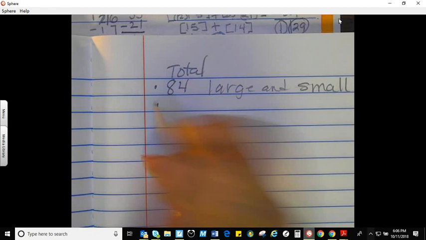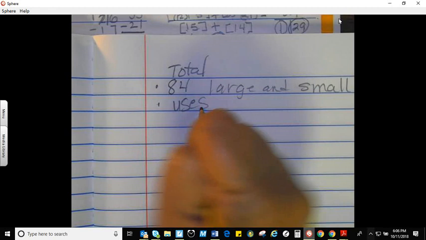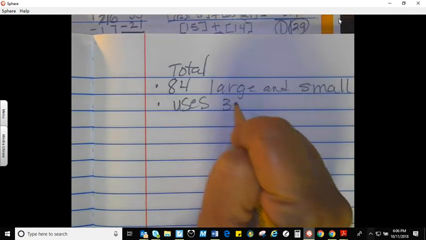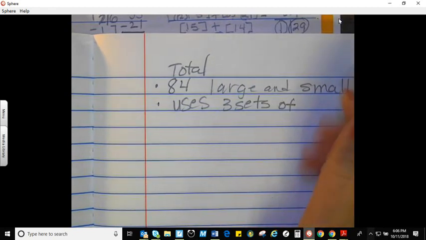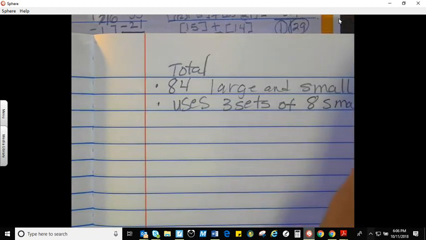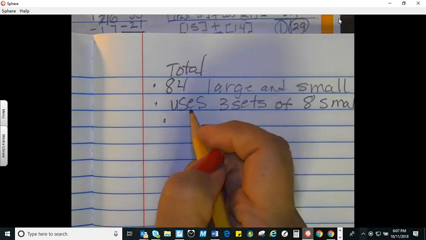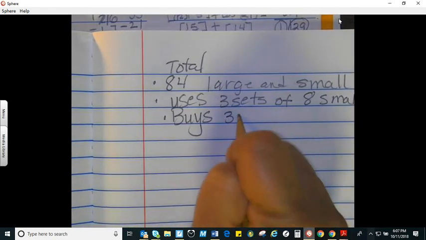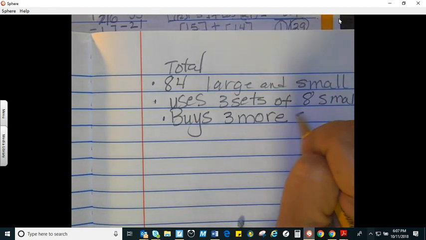I also know that in 1 week he uses 3 sets of 8 small boards. And then he buys 3 more. So it's 3 more sets. So there you go.